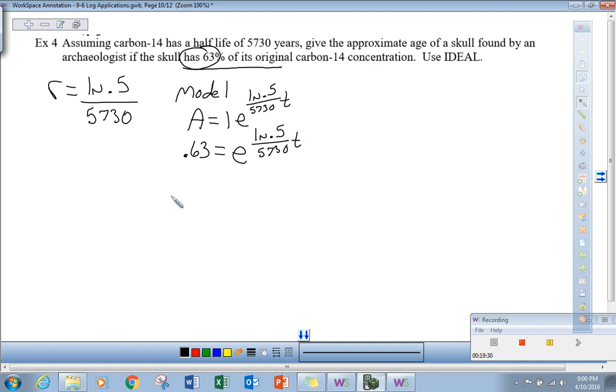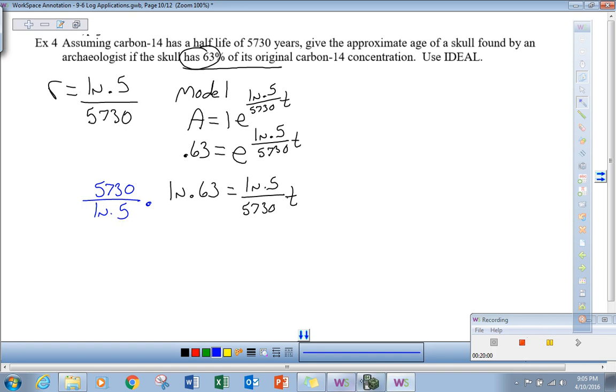So I'm going to take the natural log of both sides. So I got the natural log of 0.63 equal natural log of 0.5 over 5,730 t. Let's multiply both sides by the reciprocal. So I'm going to multiply over here by 5730 over the natural log of 0.5.